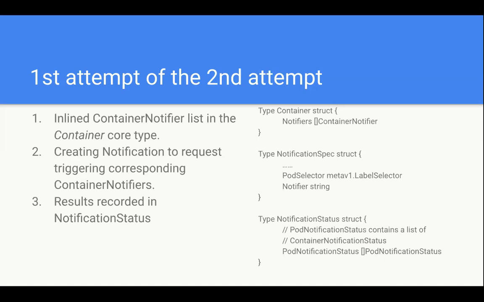You can see the notification spec structure on the right-hand side, the second one. On top of that, they also specify which pod to be notified. So there's a pod selector as the first field, which groups all the pods that qualify, that have the label, finds the corresponding notifier within those pod definitions and sends the exec command.